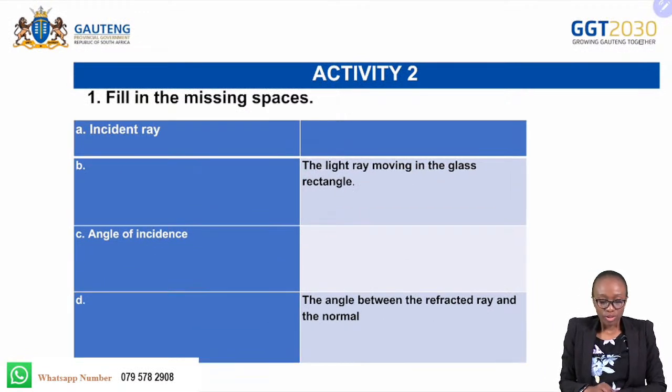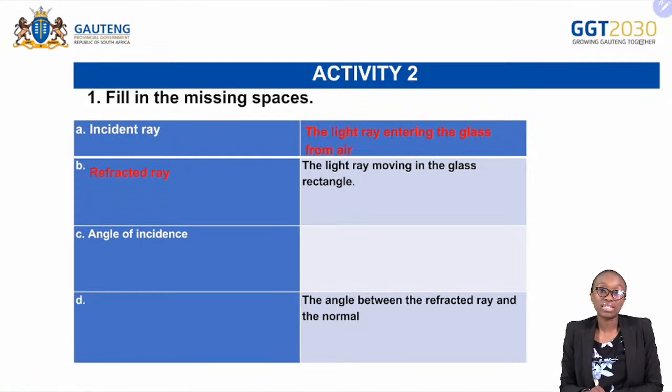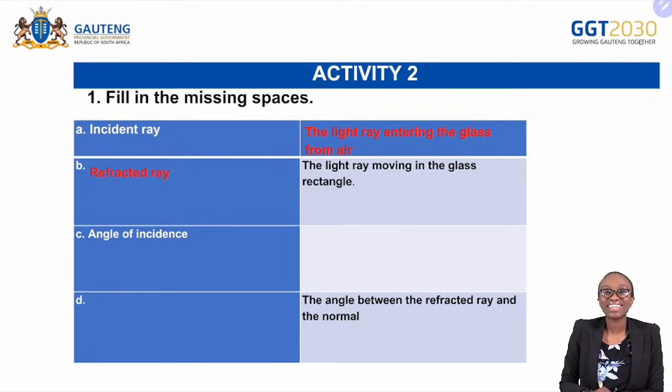Together, so incident ray, what is the appropriate description? This is the light ray entering the glass from air, that is the incident ray. And then what is the term for this description? The light ray moving in the glass rectangle, that is the refracted ray. Remember, we've got the incident ray, the refracted ray, and the reflected ray.